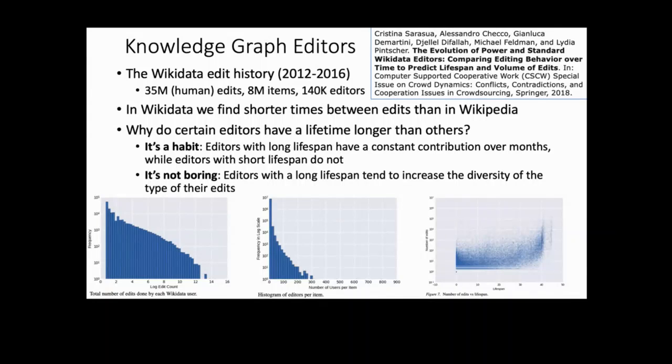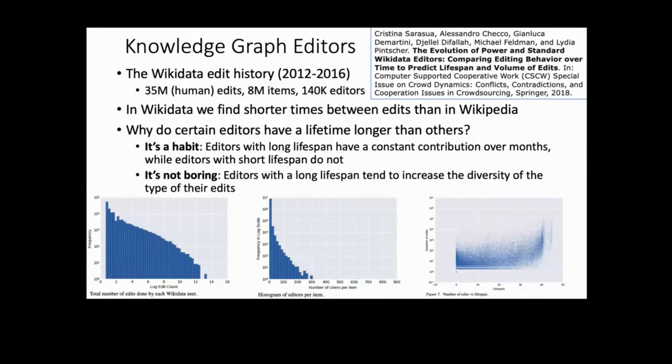Because the graph is evolving over time and it's actually expanding over time, what we will see is that the graph is not complete at any given point in time, and what is there and what is not is mainly decided by this very small group of people who dominate the contribution in the knowledge graph.